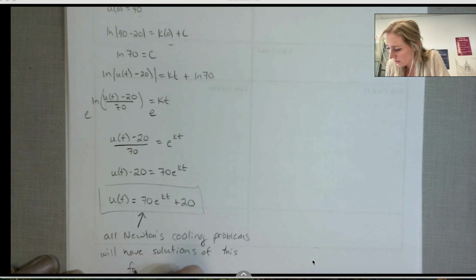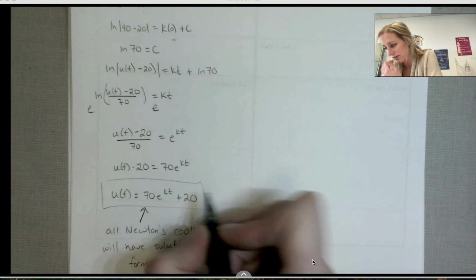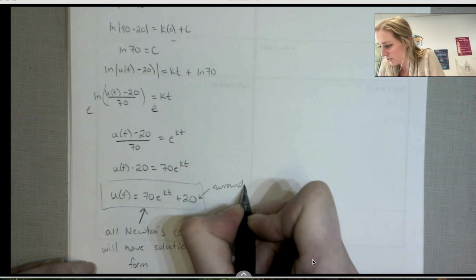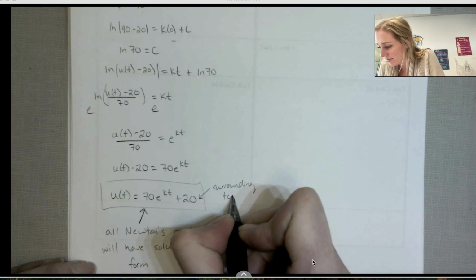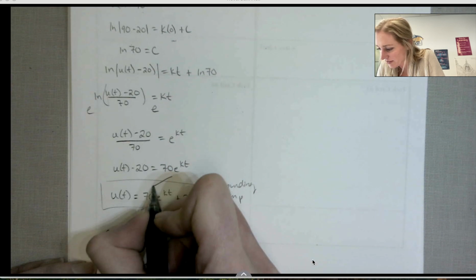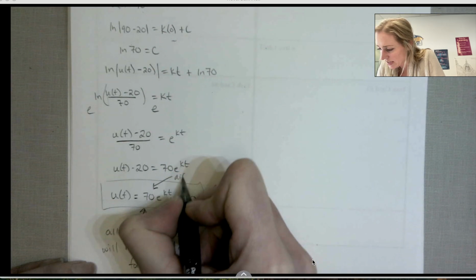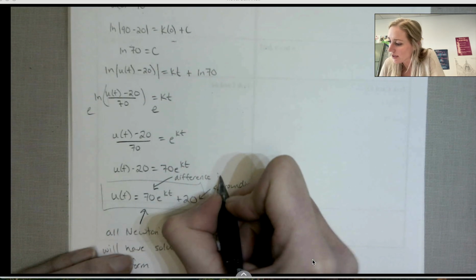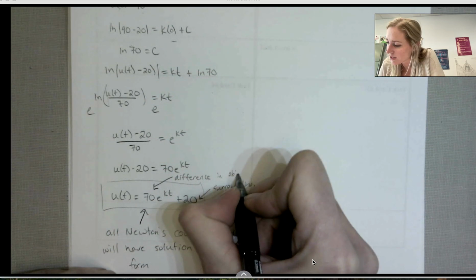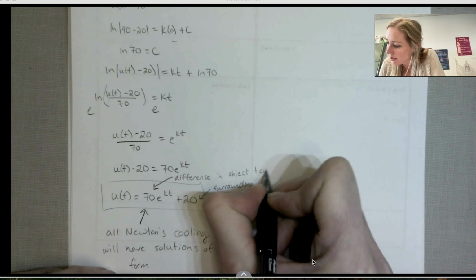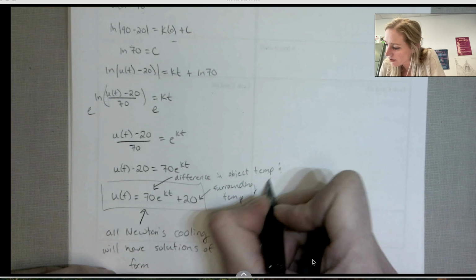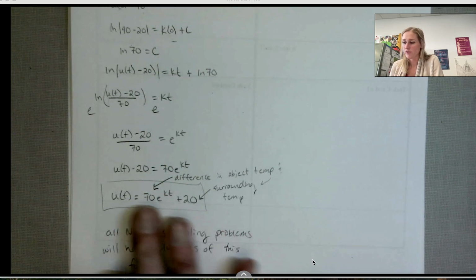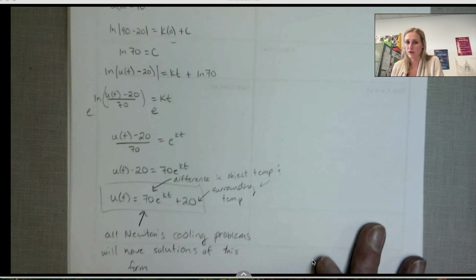And some things to know: this is the surrounding temp, which we knew that. And then the 70 is the difference in the object temp and surrounding temp. Okay, so now let's use that specific solution to answer our question.